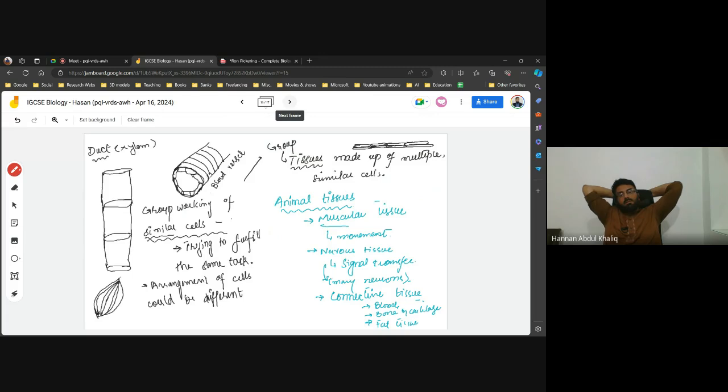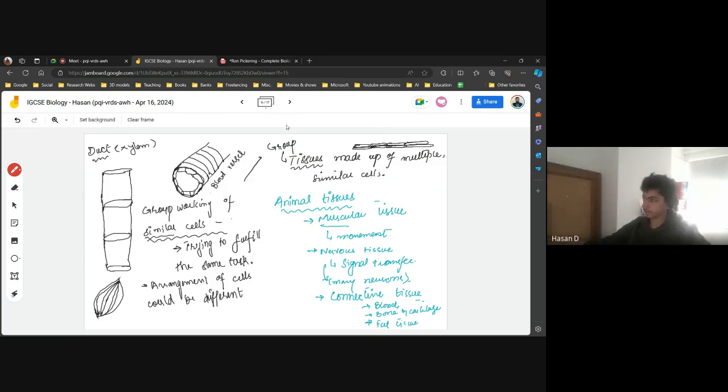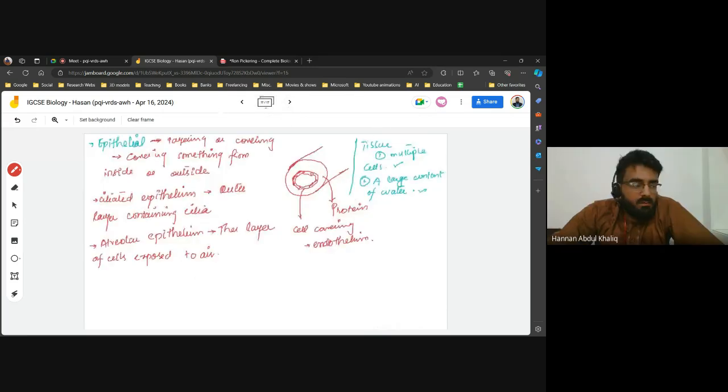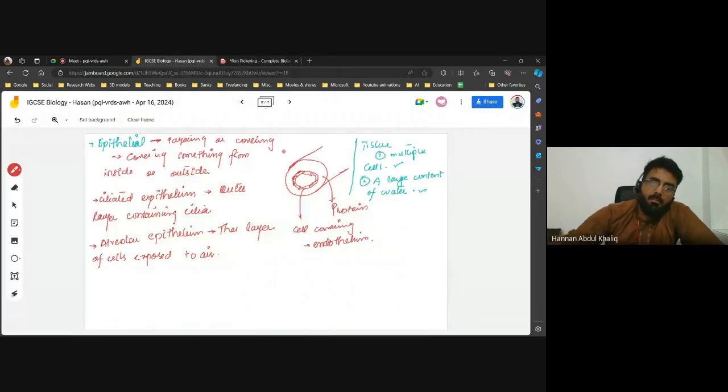When multiple cells combine, it becomes a tissue. Any problem? No. Okay, moving ahead towards the plant tissues.